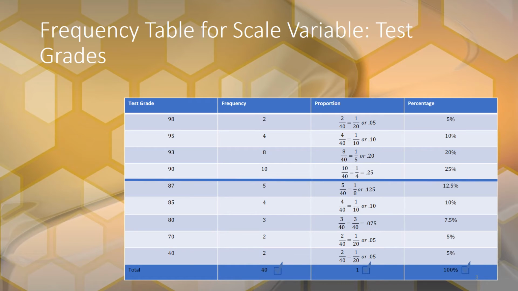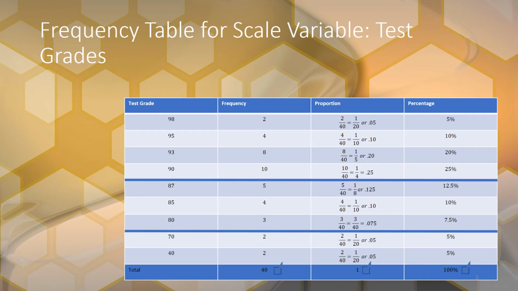So maybe we could do 90 and above, and that would be A's, right? And so there are 24 people that have an A. 10 plus 8, that's 18, plus 4, that's 22, plus 2 is 24. And then we can make a B category, 80 to 89.